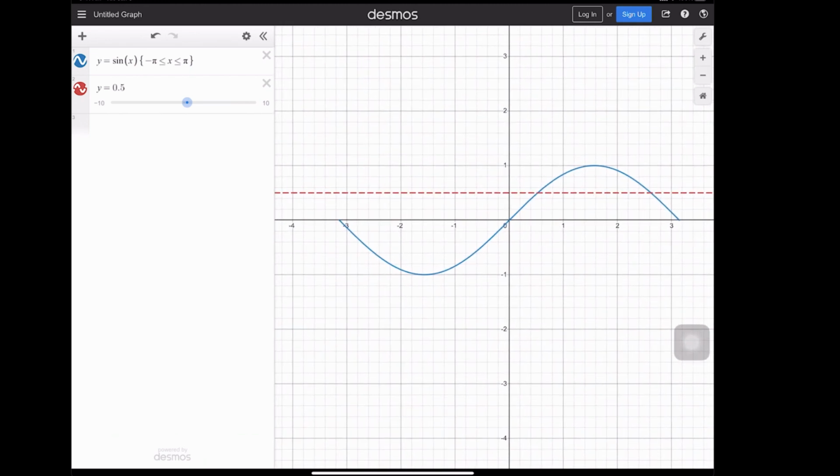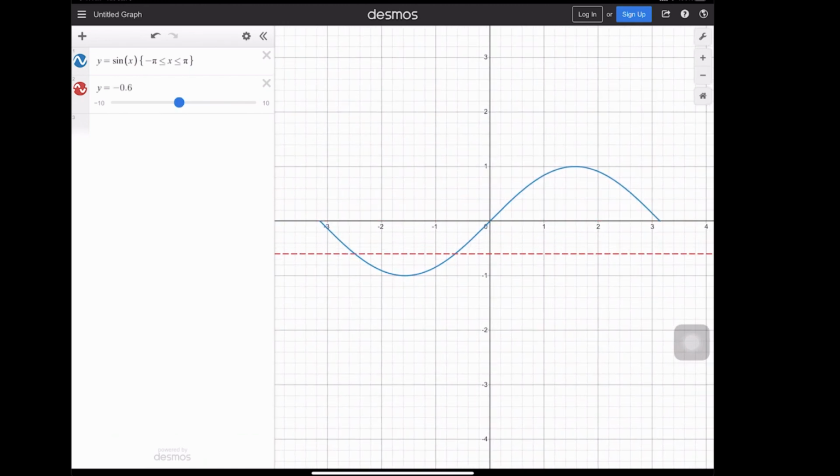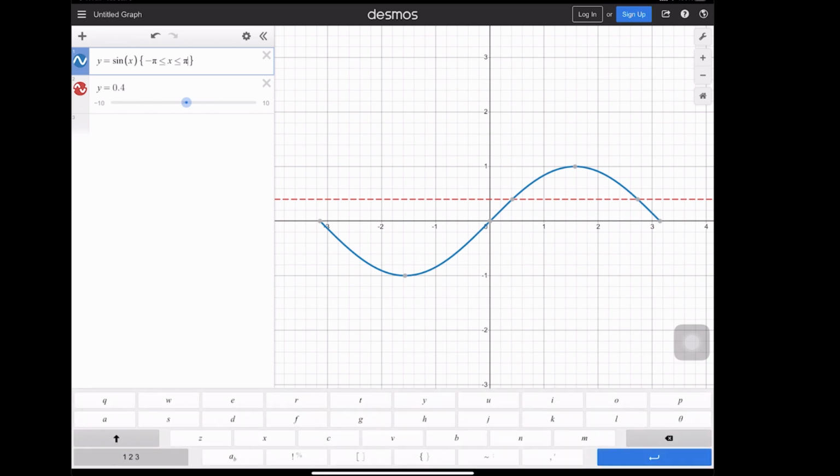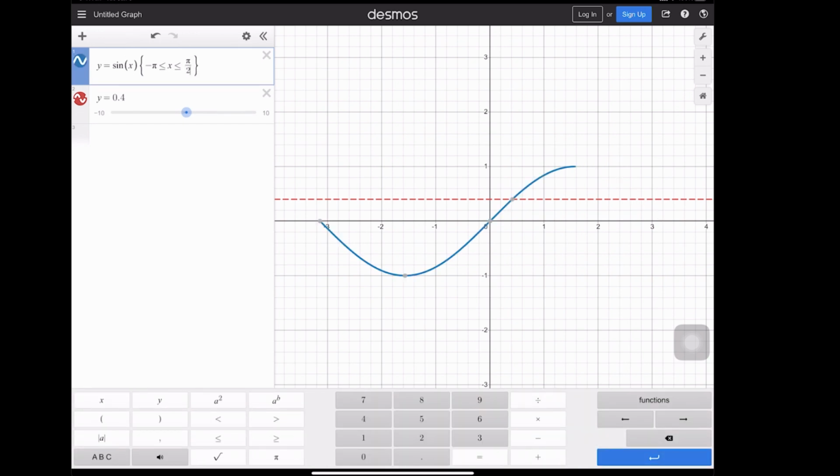Now take a look. Now what do you guys see? What happened here? We got to restrict it. Is it 1-to-1? Say no. All right, not 1-to-1 yet. So we're going to restrict it even further. Divided by 2.